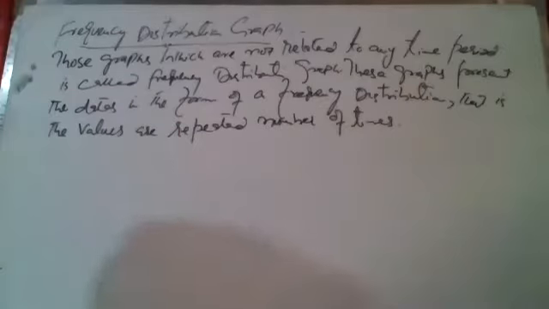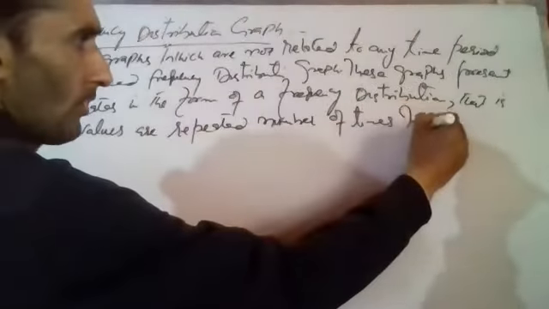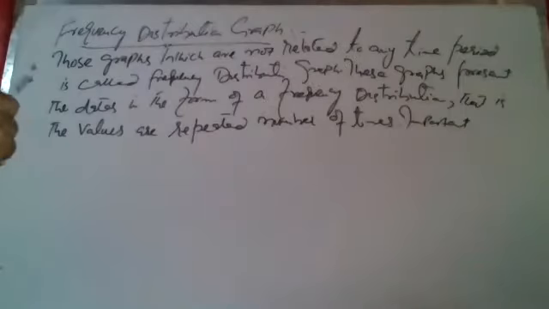So generally we understand that those graphs which are not related to any time period, or whose values are not related with some time period. ये clear हो गया? Those graphs which are not related to any time period are called frequency distribution graphs.